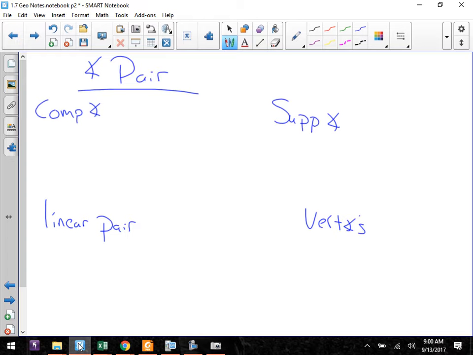So what happens is you'll be given information saying angle 1 and angle 2 are supplementary. Angle 1 is 3x minus 7, angle 2 is something else. What does angle 1 measure?